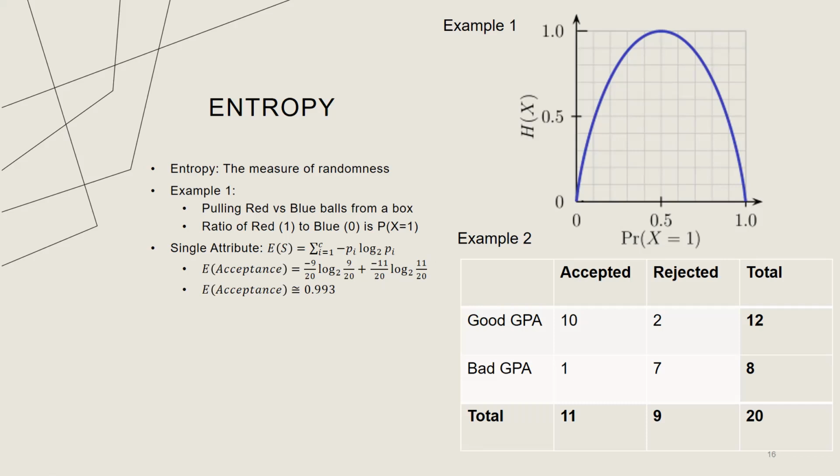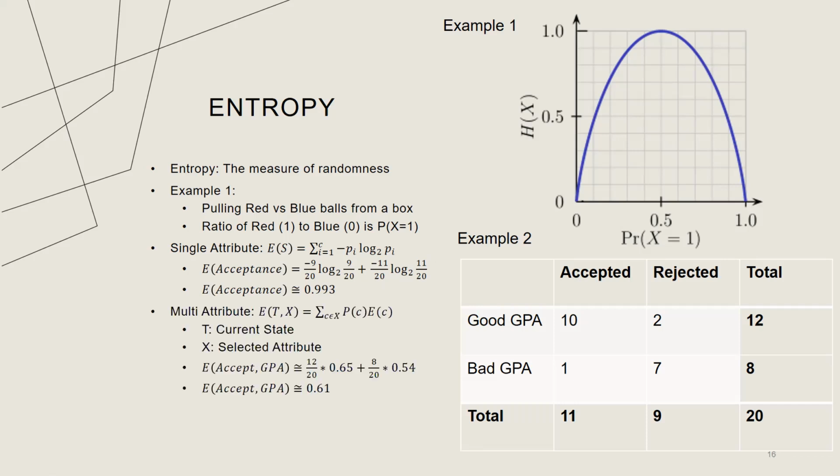Does that make sense? All right, let's go into multi-attribute entropy. In multi-attribute entropy, we're going to be looking at entropy with respect to something. In this case, we're looking at the probability that they were accepted in relationship to their GPA.